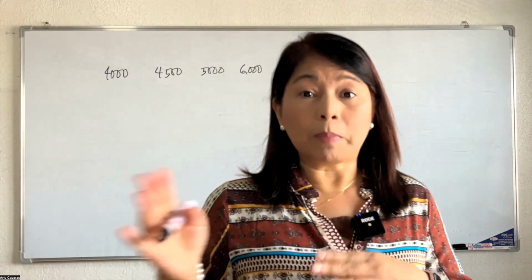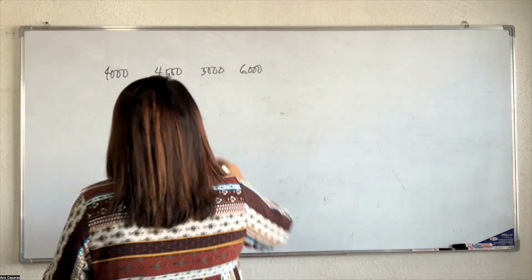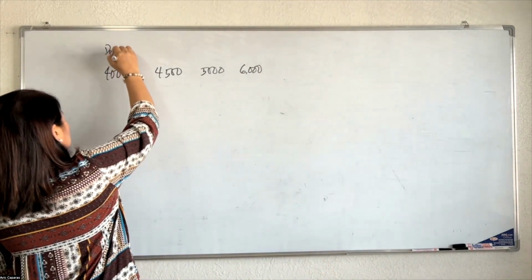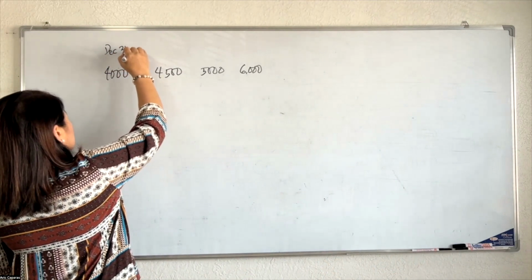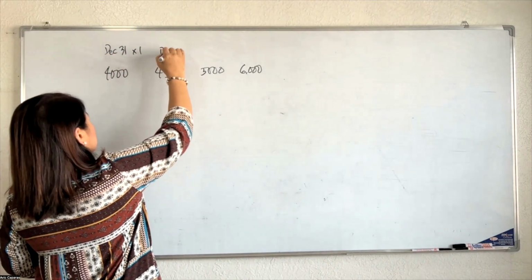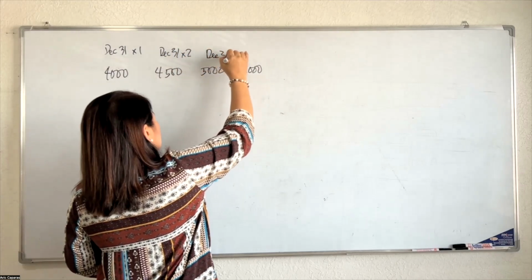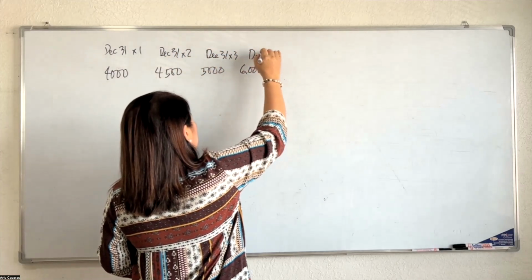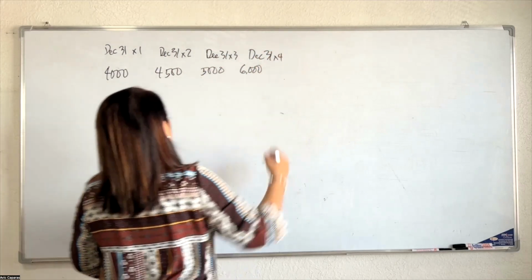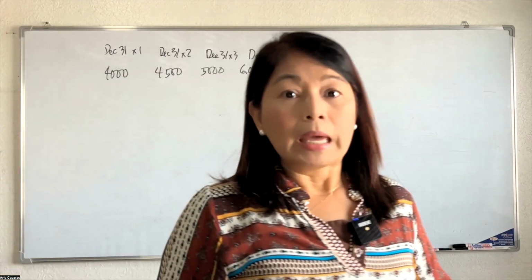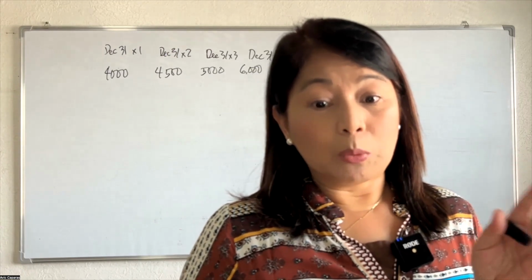These are the payments every December 31: at the end of 1 year, 2 years, third year, fourth year. And you purchased the car January 1.